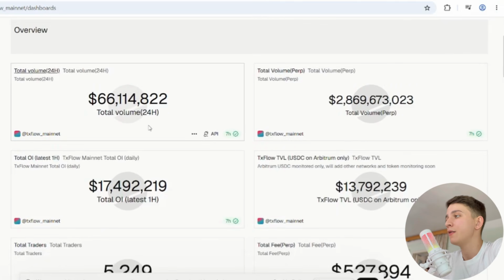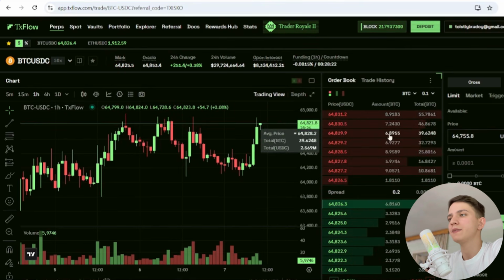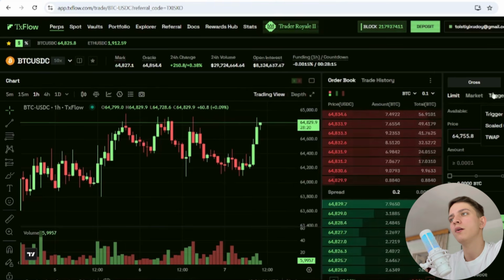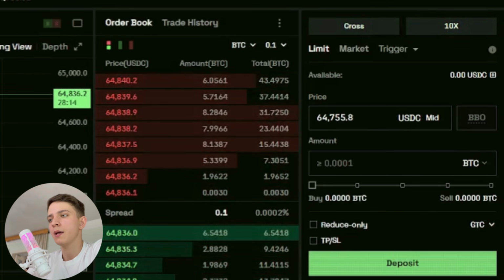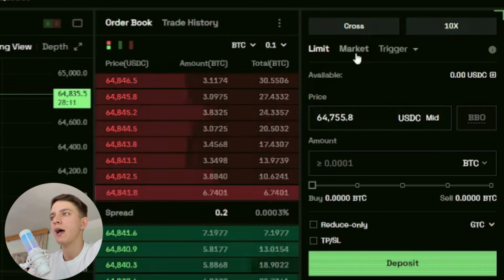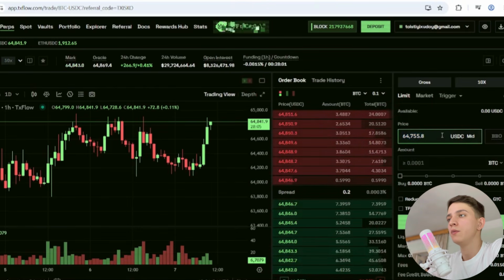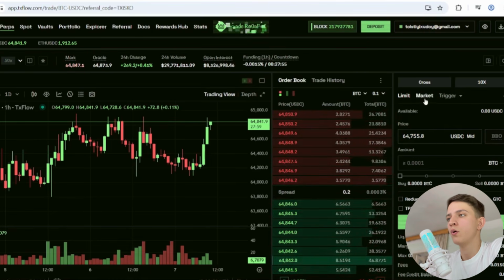So for example, let's take a look. They have Bitcoin USDC, guys, and there you can see Bitcoin is around 65,000 USDC right now in dollars, and there you can open with cross margin, 10x and so on. Please enable trading first. You have to enable it and connect your wallet first of all, and you have to deposit a minimum of 5 USDC, and you can open a short or a long with limit or market orders.